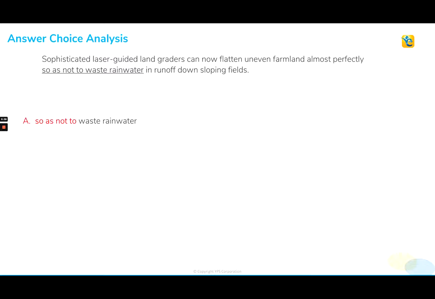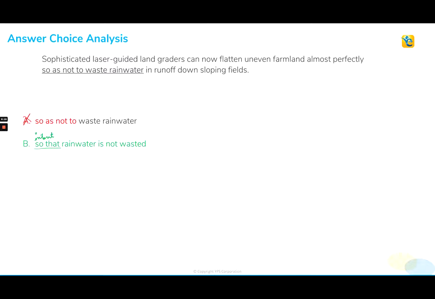And we know that choice A is definitely wrong because of the usage of this wrong idiom that makes the sentence absolutely illogical. Choice B is indeed the correct answer. Why? Because it uses the correct idiom, so that, which perfectly presents the intent or the purpose of the land grader flattening the farmland almost perfectly.